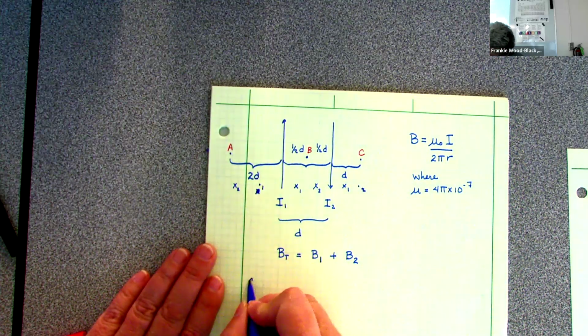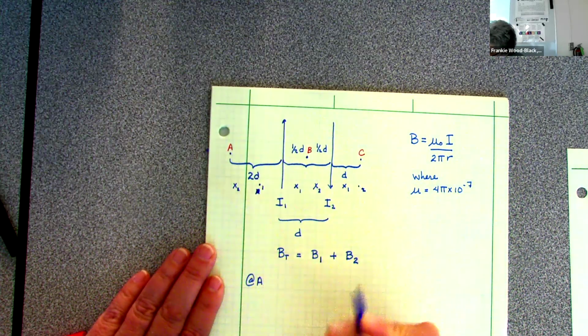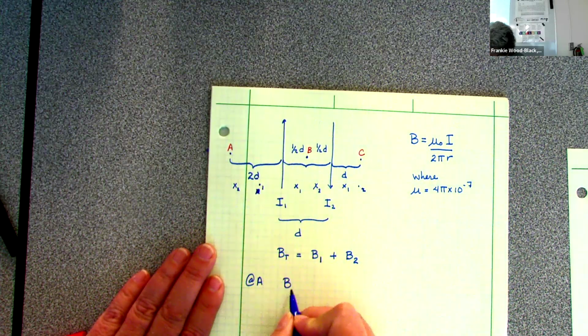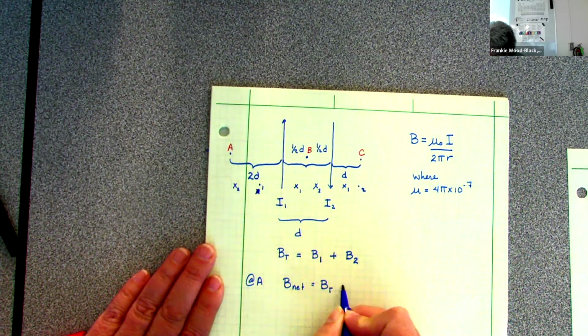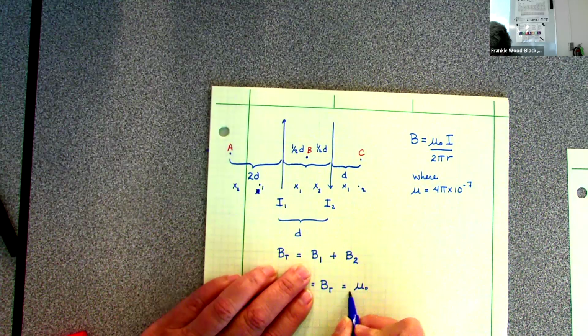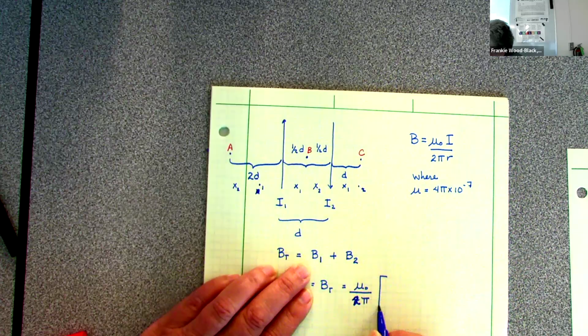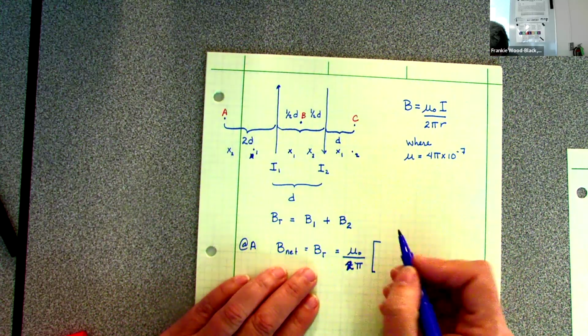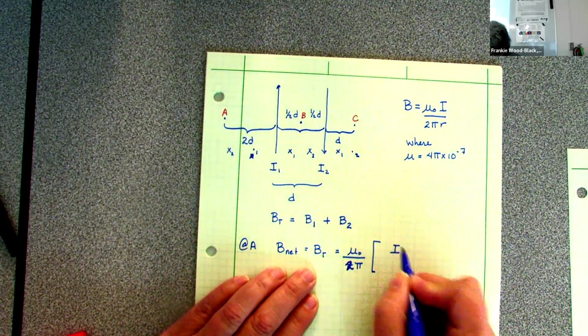So at A, our net magnetic field, which is equal to the total magnetic field, is going to equal mu over 2 pi, which is going to be for both of them, so I can break that one out. And then I'm going to have current 1.